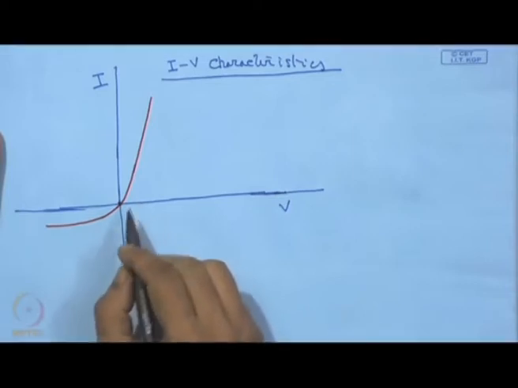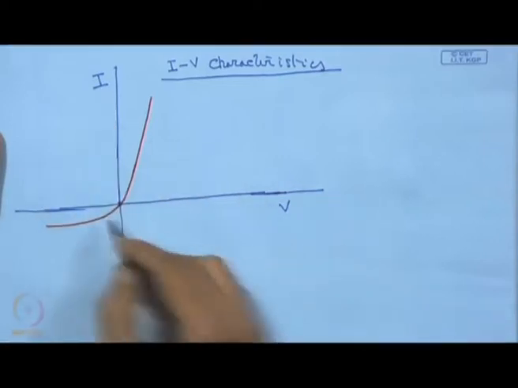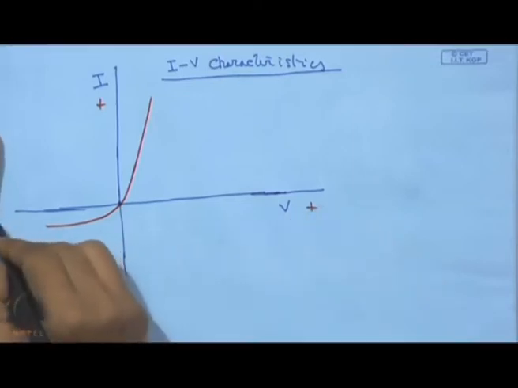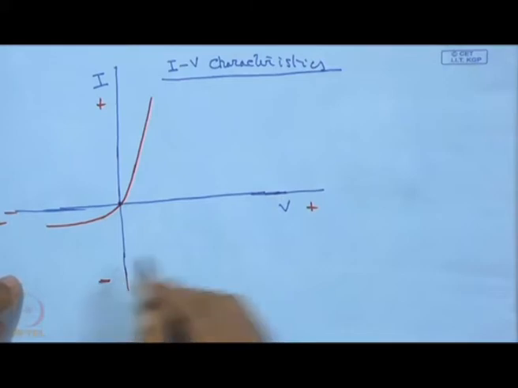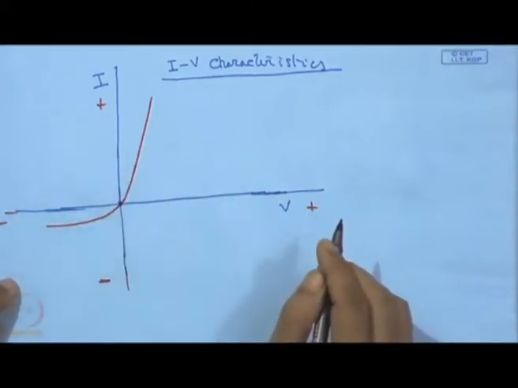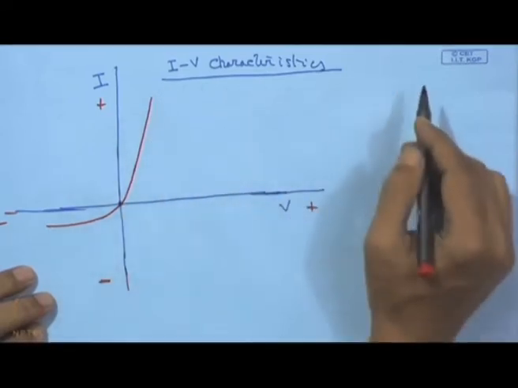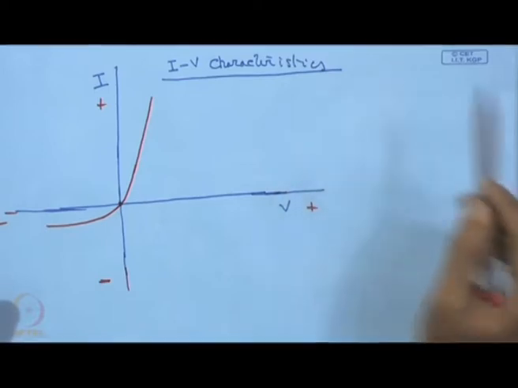This is positive current, positive meaning we accept it as electron current. This is plus, this is minus. So this is negative polarity ion current, positive polarity electron current. That is the I-V characteristics of the electrode which is immersed in a plasma volume.